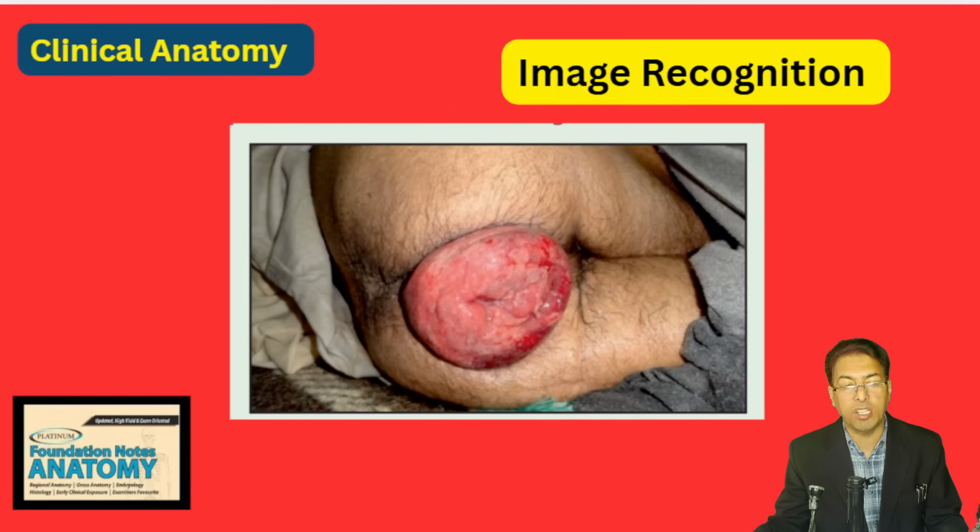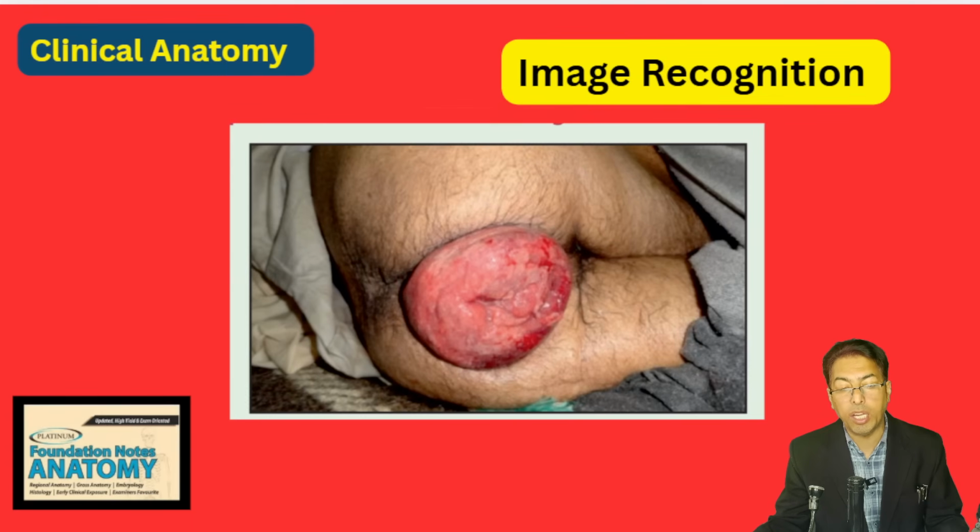There should be no confusion as far as your clinical skills of identifying anatomical surgical conditions are concerned, because you can see a huge mass coming out of the rectum, and this is basically a huge rectal prolapse, likely in a male, with a bit of induration and erythema also.